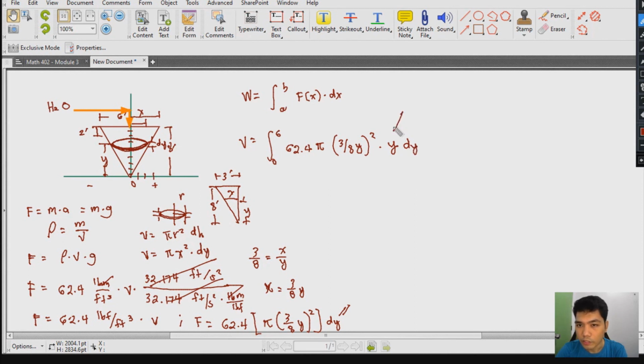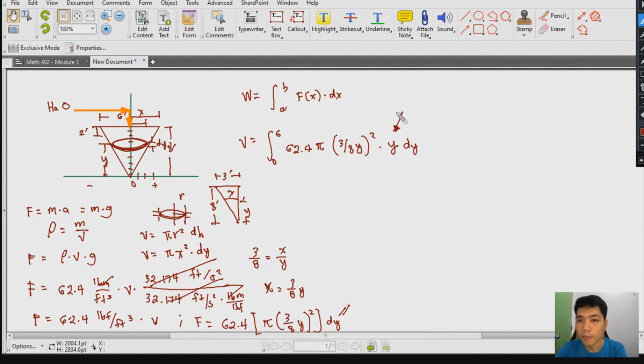So this y represents the distance of the disk at any point from 0. We need to incorporate it, because otherwise we would only be determining the volume of the disk at a certain distance, let's say between 0 and 6.